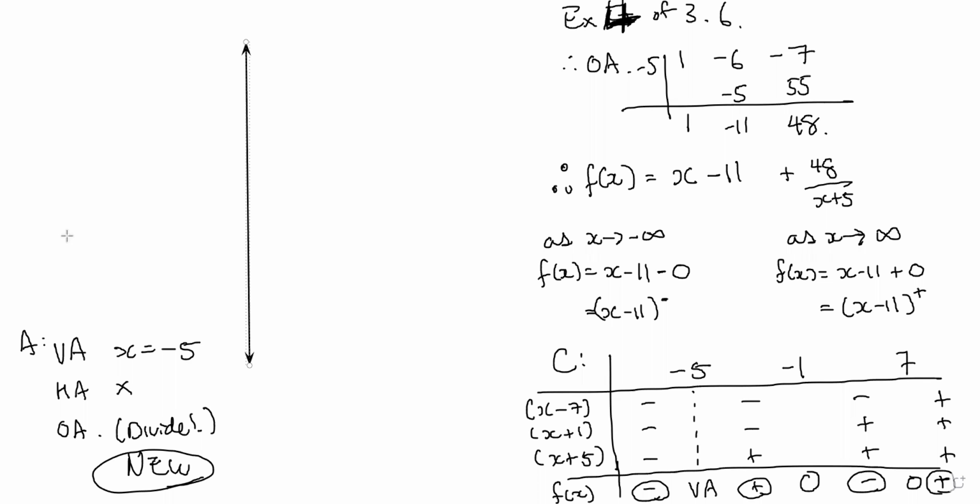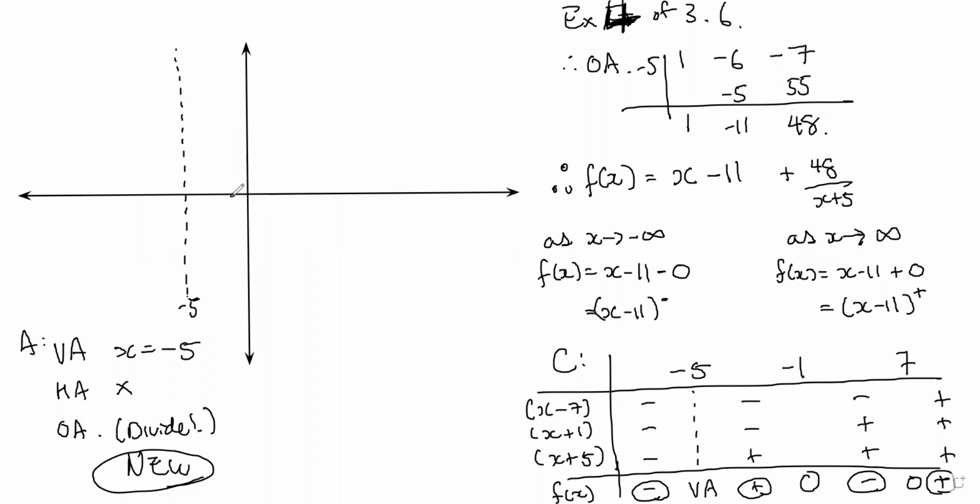Moment of truth, right? Let's hope all of our calculations agree with each other. Vertical asymptote at -5. That's a -5.